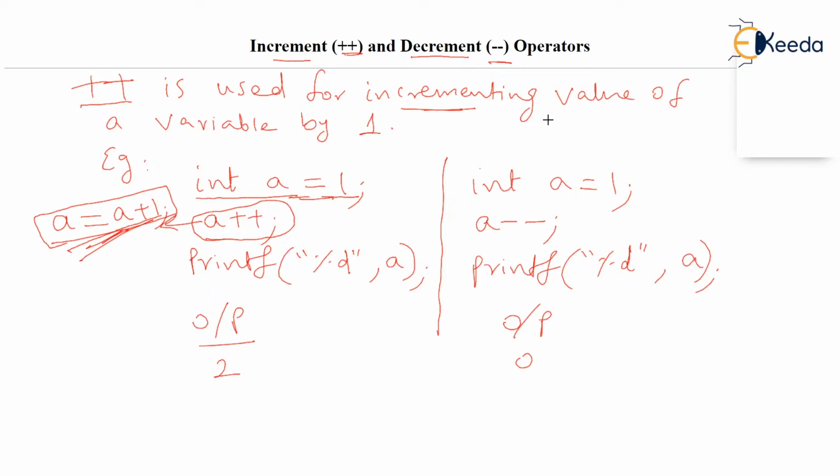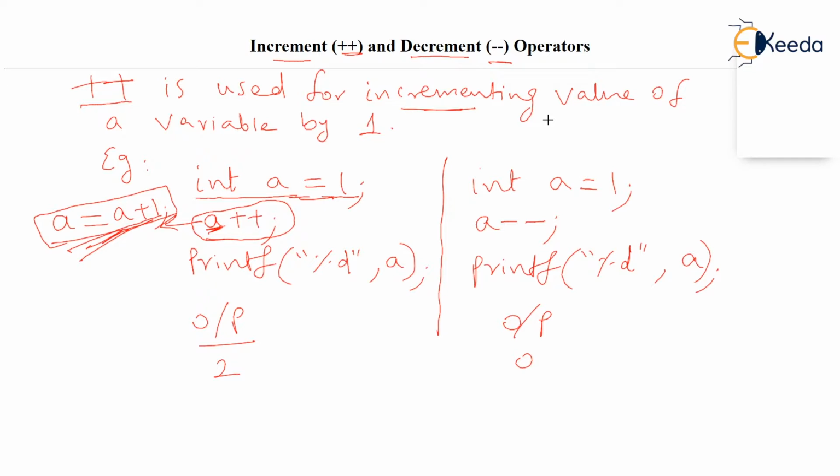There are a lot of tricks about using plus plus and minus minus, which we will see in the same video. But I repeat, whether plus plus is given after or before the variable, it makes no difference as long as there is only a single variable in that entire expression. It means a is a plus 1.